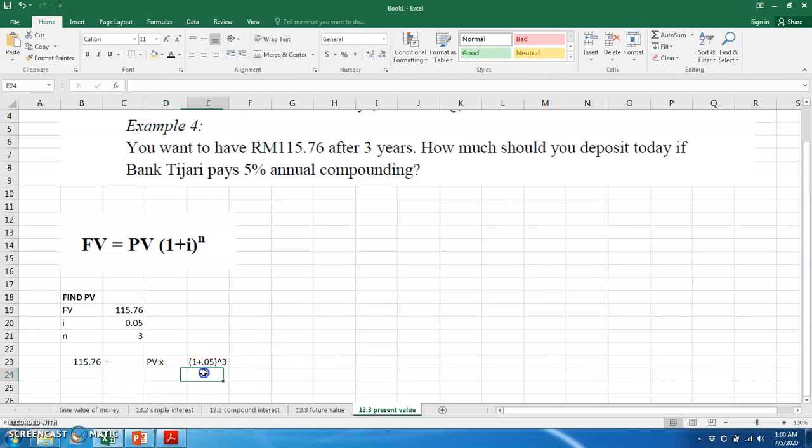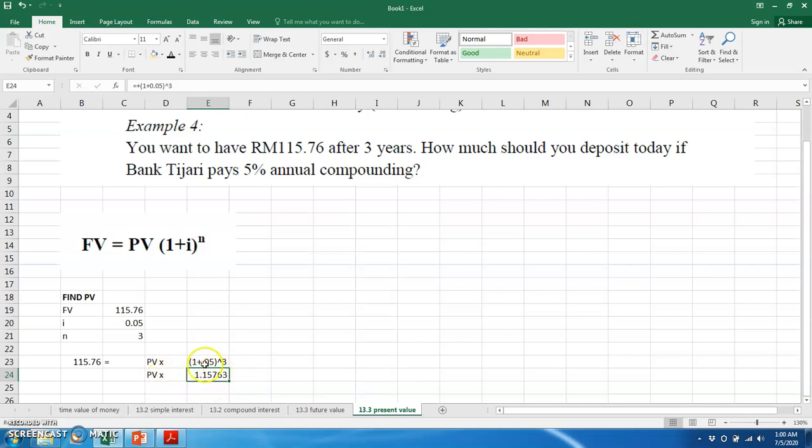Let us do this part first. You need to press your calculator. So you got the answer: present value times 1.15763. This is simple algebra.